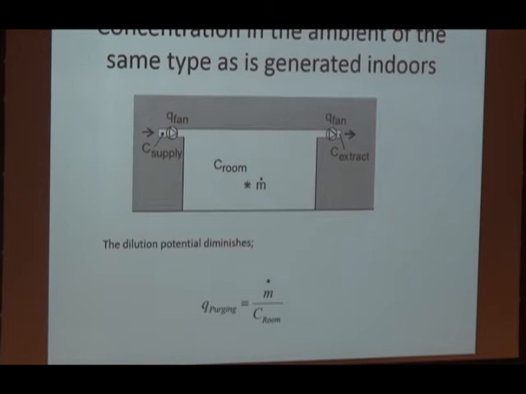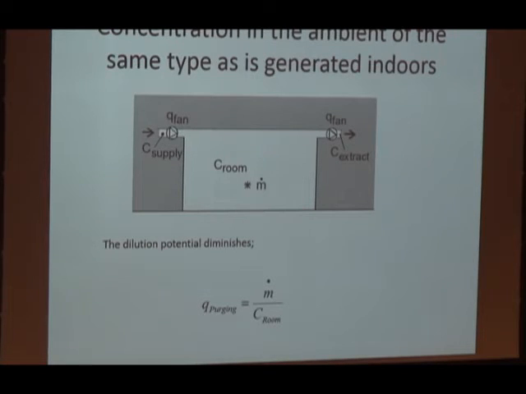So here I have a room. It's just a room that's immersed in the ambient. You have a concentration in the ambient of the same contaminant that's generated within this volume. And this, of course, means if I do have this situation, the dilution potential of the supply diminishes.